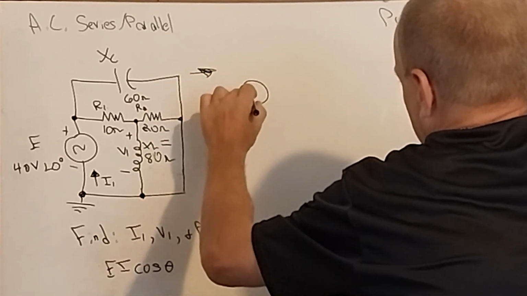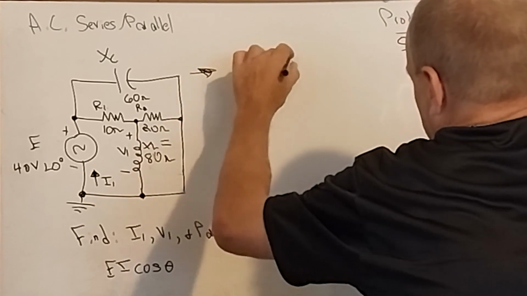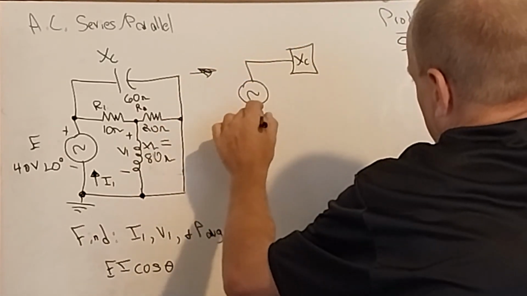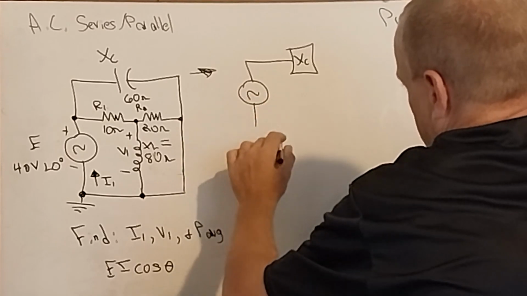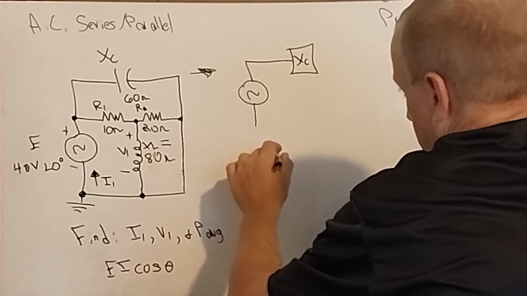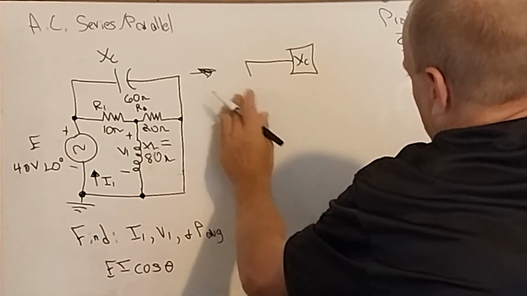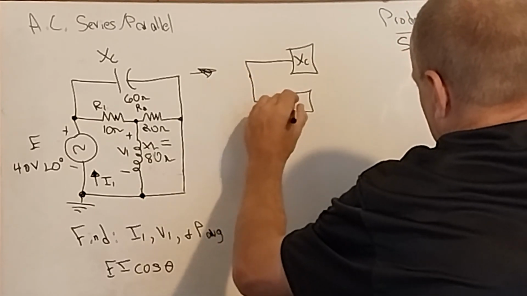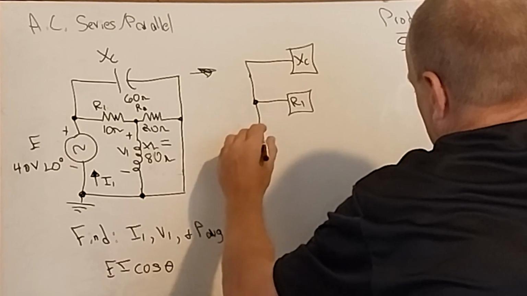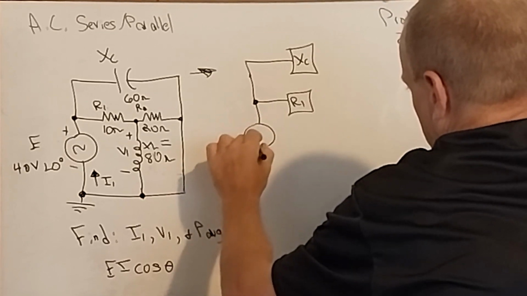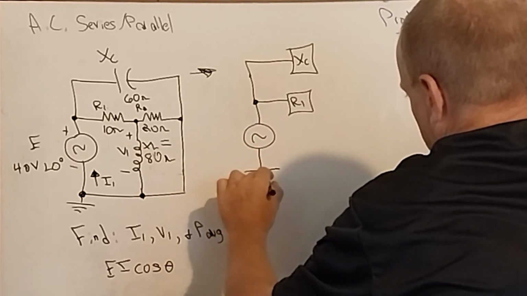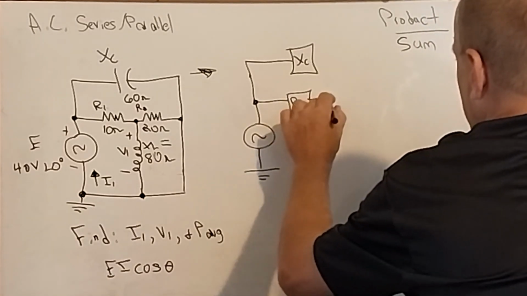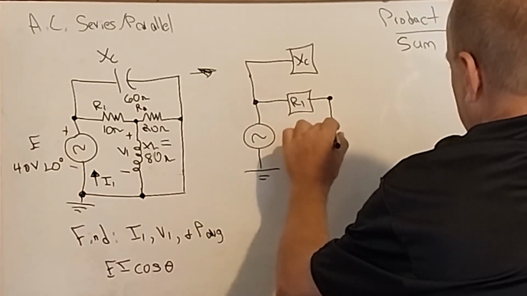we end up with something like this. And I'll draw boxes with X of C here. That way it's a lot easier to draw, a lot quicker too. And so let me bring this one down so I have more room. This is R1, and here's our source. This is going to ground. And then from here, we have an inductor.